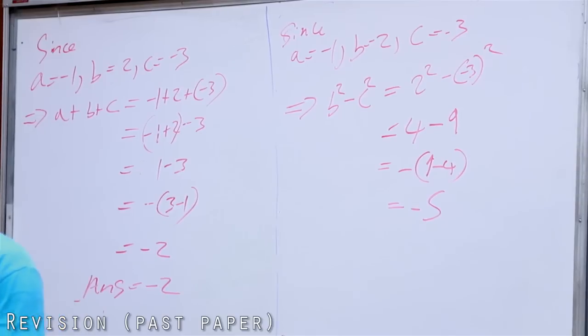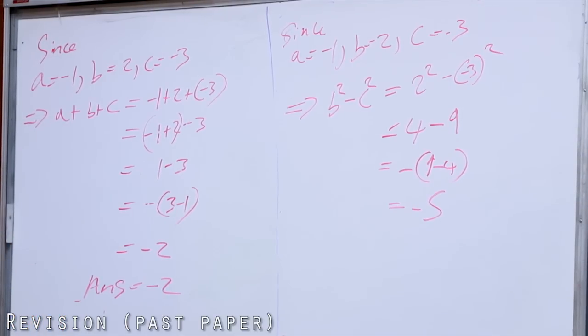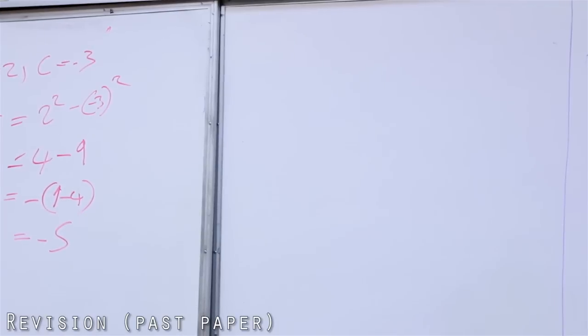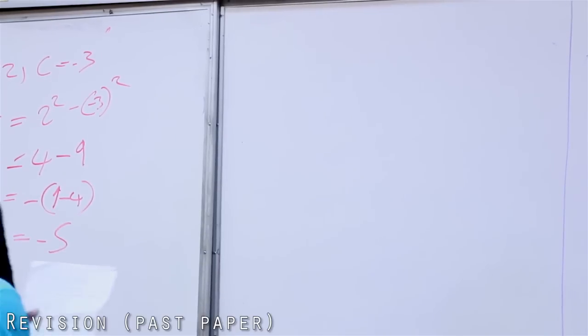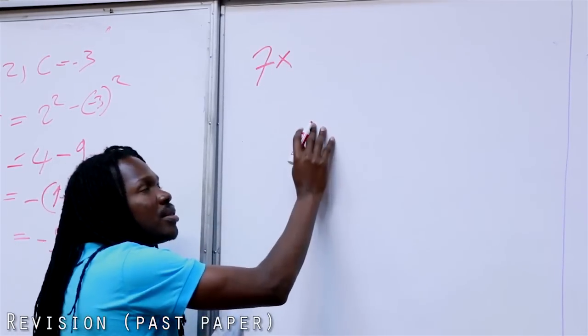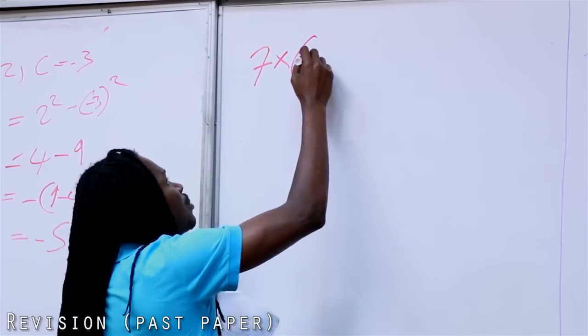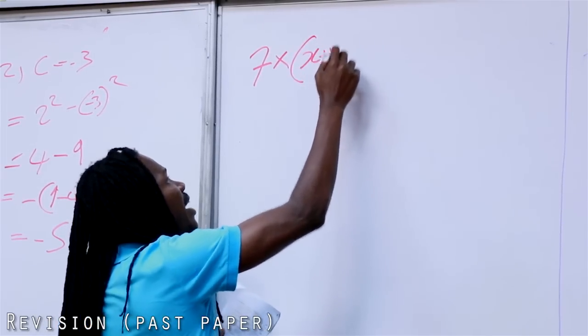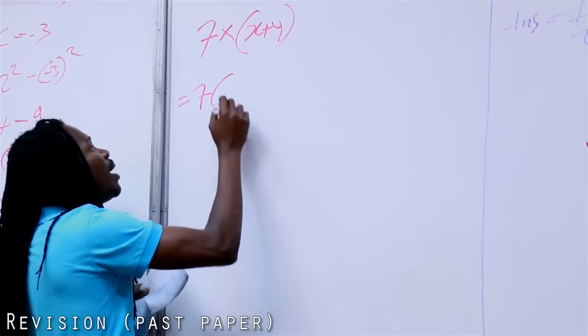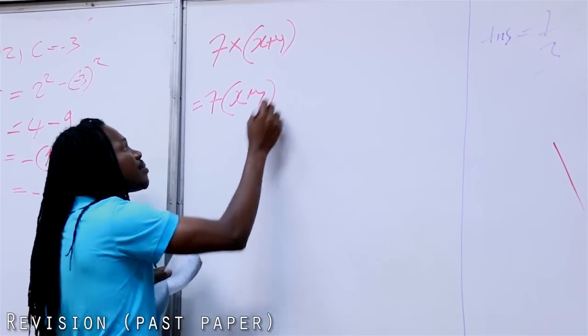Write the phrase as an algebraic expression, which simply means that you have to take the English and put it in maths. 7 times the sum of x and y. 7 times, so I can say 7 times the sum of x and y equals 7 bracket x plus y.